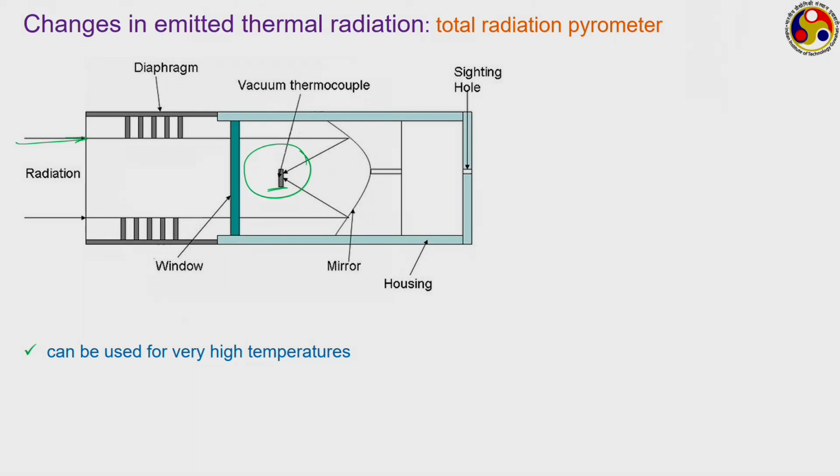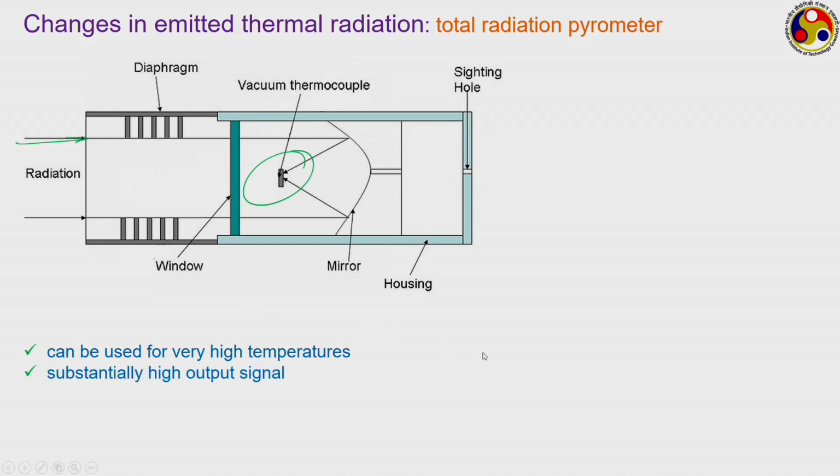The total radiation pyrometer, or any such radiation pyrometer, has a host of advantages. It can be used for very high temperatures. We can easily go for 2000 or 3000 degrees Celsius or even beyond that, because we are talking about a temperature balance. So, never assume that the temperature of this thermocouple is going to be equal to the temperature of the source. It will be much lower than this, because it is receiving only a small portion of energy, but as you are using the energy balance, its temperature will be an indicator of the source temperature.